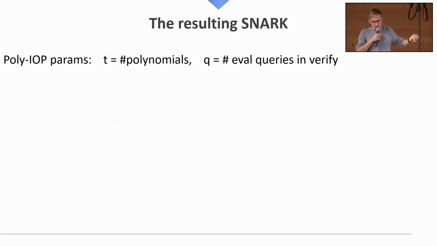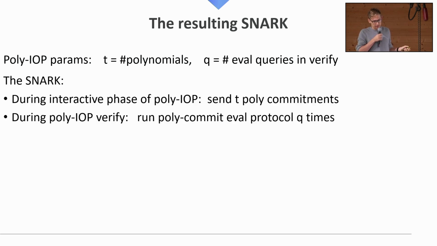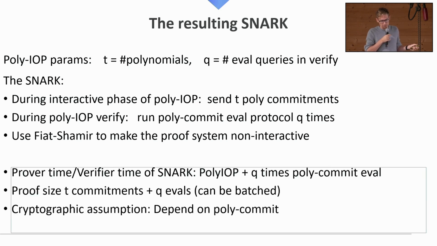The efficiency of the resulting SNARK of this compilation depends mainly on the number of polynomials that we send and the number of queries that we make to these polynomials. I'll skip over this a little bit, but the important thing is that the cryptographic assumption that you use, so whether this proof, for example, is post-quantum secure or whether it requires pairings, only depends on the polynomial commitment scheme we use.